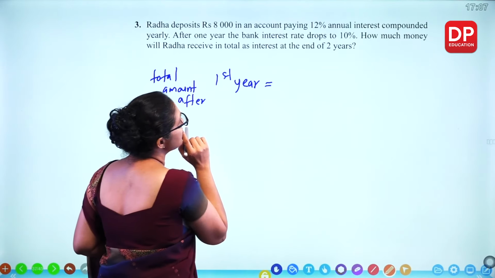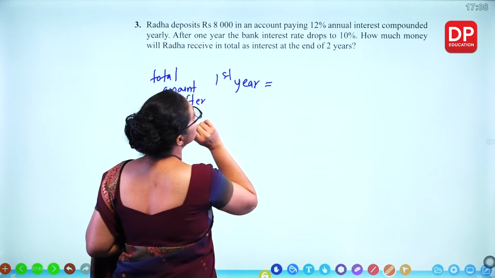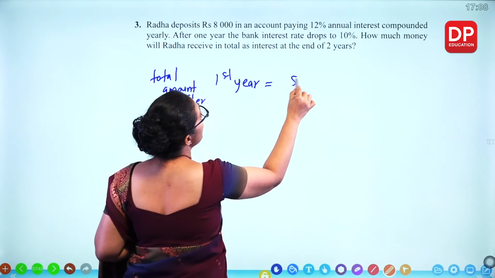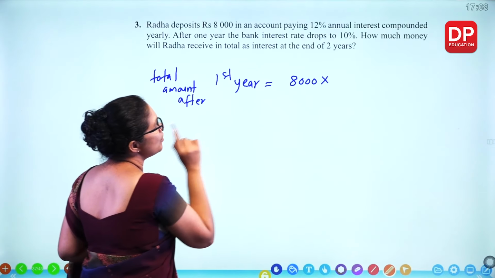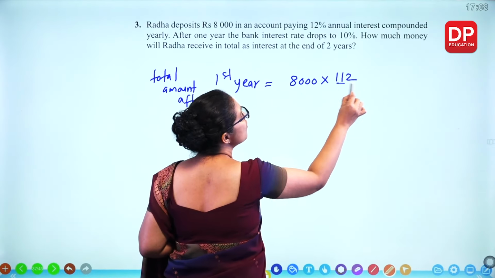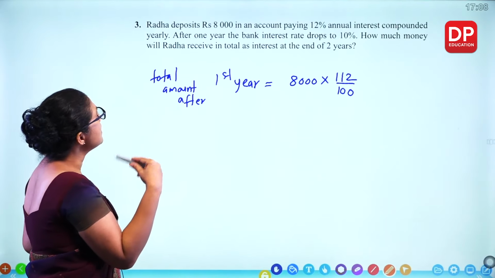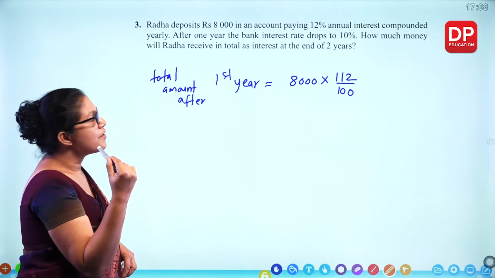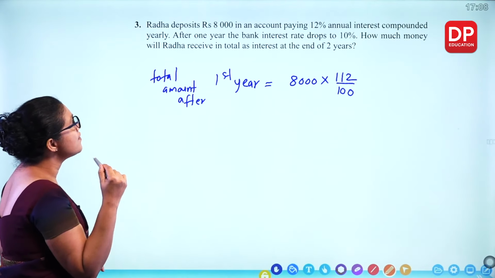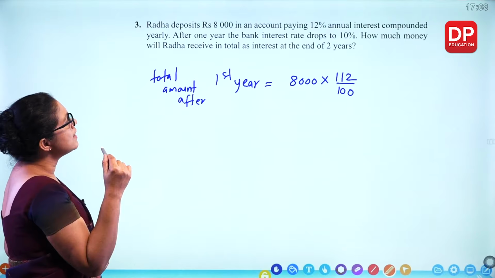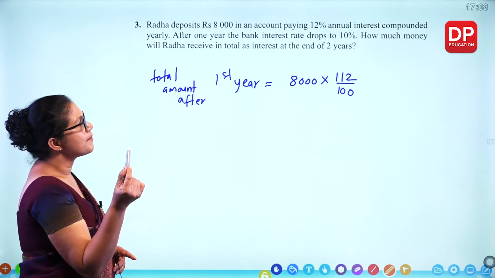So 12%. 8,000 into 12% annual interest. So 112 over 100. That's the amount after the first year. Now the second year, it reduces to 10%. So how much money will Radha receive in total as interest at the end of 2 years?